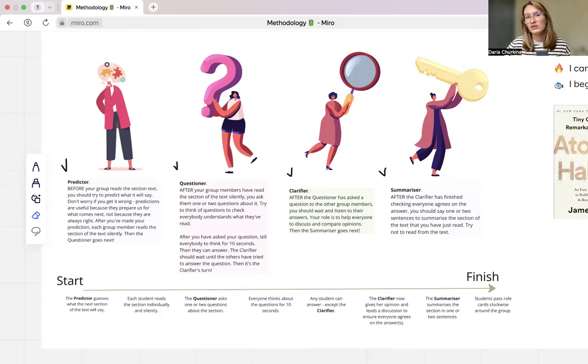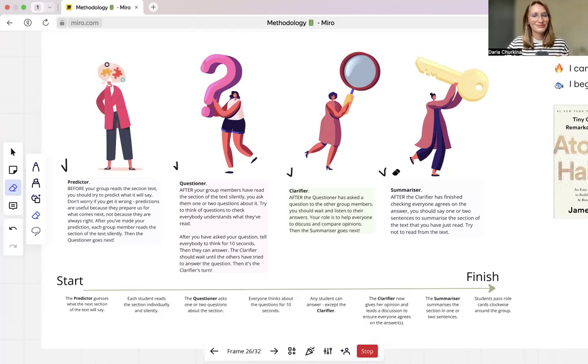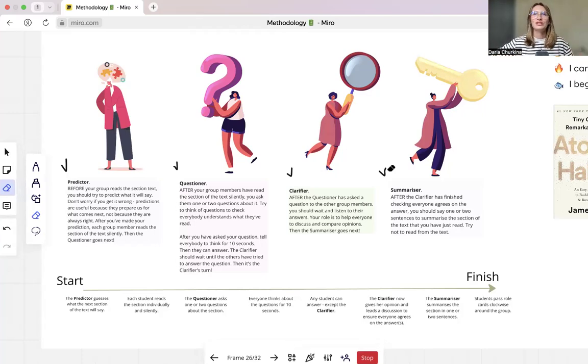And then the summarizer goes last, and they summarize the text in one sentence probably. And then you start again. So you do the same procedure for as many paragraphs as you have in your text.